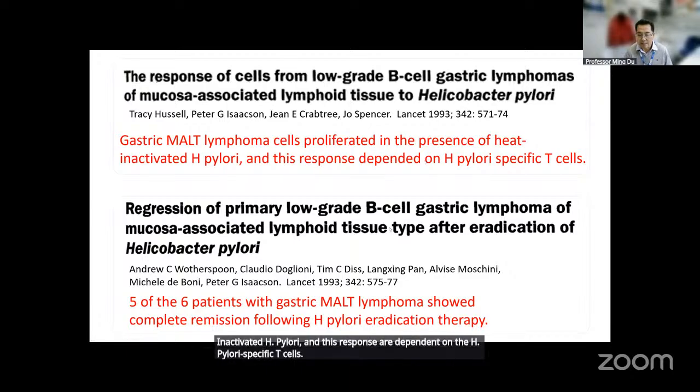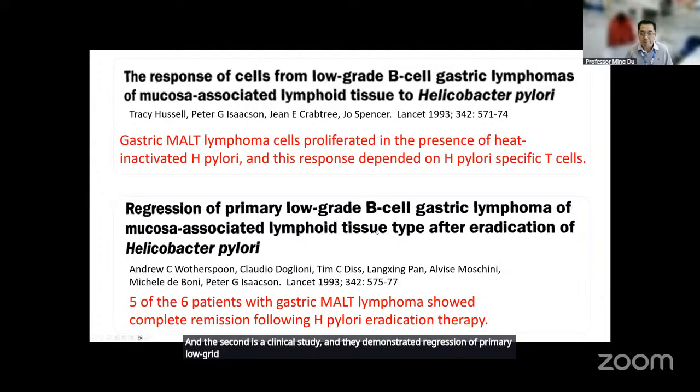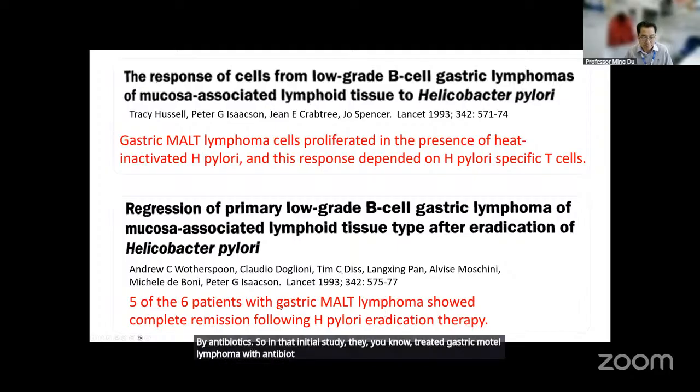And the second is a clinical study, and they demonstrated regression of primary low-grade gastric MALT lymphoma following eradication of H. pylori by antibiotics.